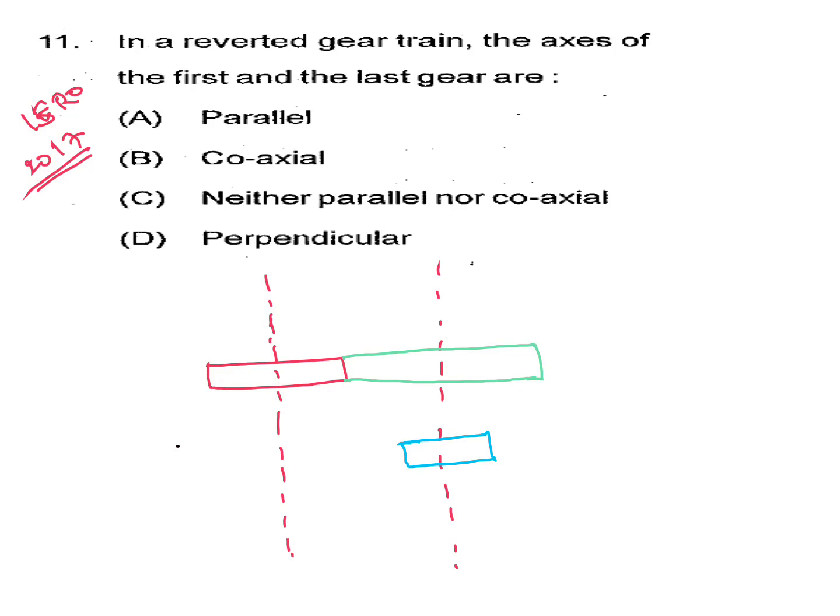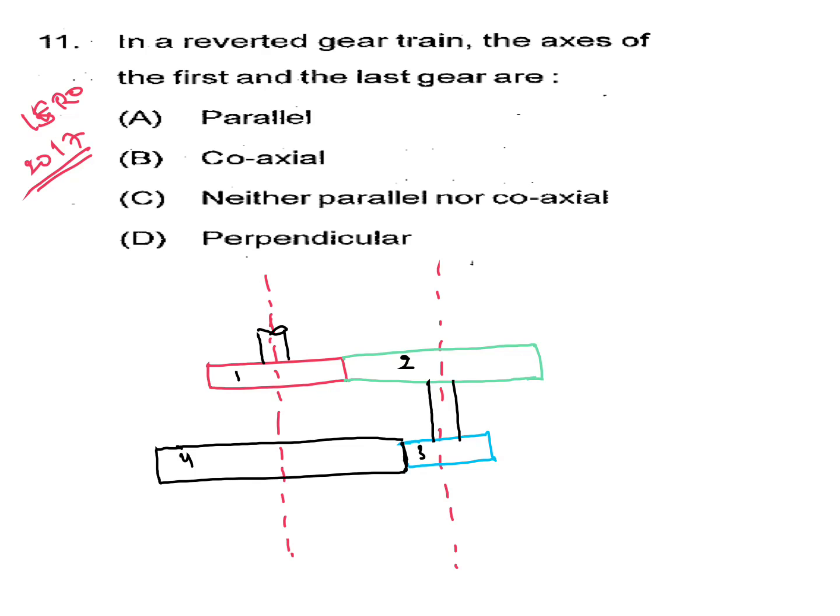This is the fourth gear. 1, 2, 3, 4. 2 and 3 are on the same shaft. Fourth is our last gear.